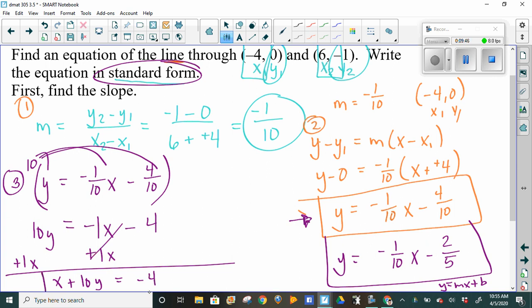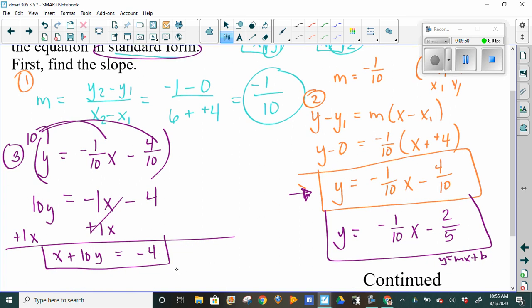And now we have standard form, ax plus by equals c. So this would be your final answer. So find your slope, plug it into point slope, and then put it in standard form.